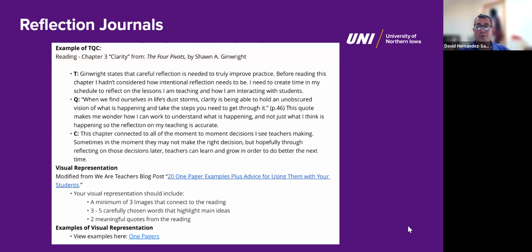For the visual representations, you can do a visual representation if you are artistic or want to develop that skill. For the visual representation, again, it should be a minimum of 3 images that connects to the reading, 3 to 5 carefully chosen words that highlight main ideas, and 2 quotes from the reading.